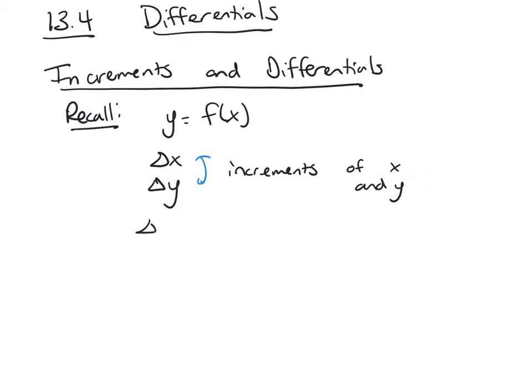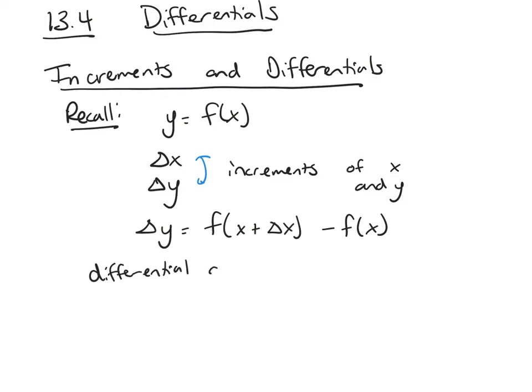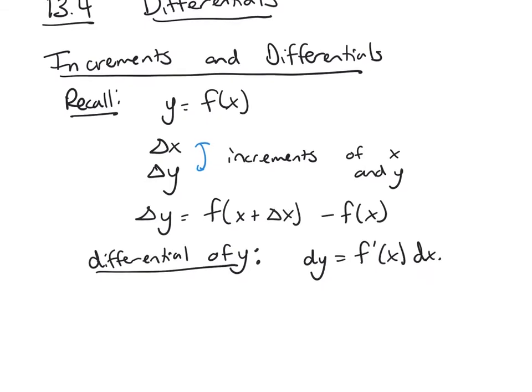And delta y was given by f of x plus delta x minus f of x. And then we had the differential of y, which was given by dy equals f prime of x dx. Okay. So again, this is what you saw back when you first looked at functions of a single variable.